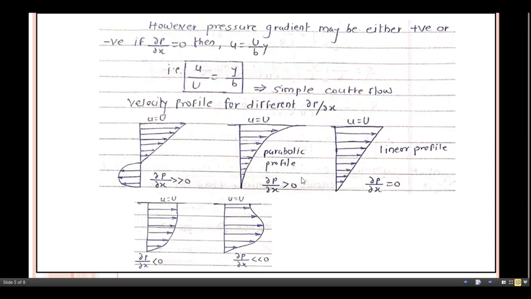Similarly, when it is just greater than 0, we get the parabolic profile. Then we get the linear profile when the pressure gradient is 0. When dabba p by dabba x is less than 0, we get the pattern in this way. And when dabba p by dabba x is very much less than 0, you get the pattern in this way.